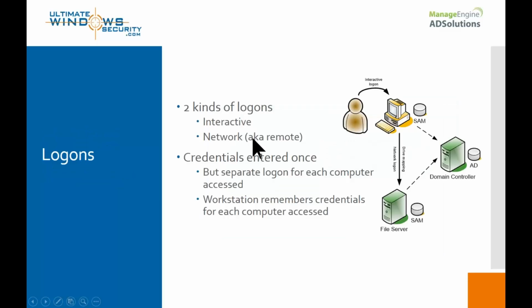There's remote desktop, service account logons, batch job logons for scheduled tasks, and so on. But think about logon types, and think about the fact that I could be logging on to this workstation either with an account in Active Directory or in my local SAM. And then when I access this file server down here, like with a drive mapping to a shared folder, I could be logging in either with my same domain account or with another local account on that particular file server.